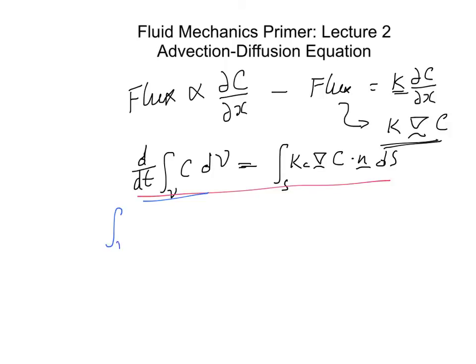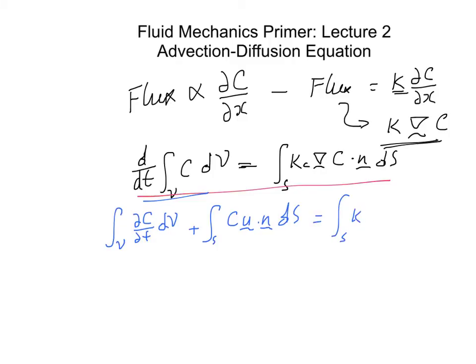That means that I can bring this time derivative inside the integral, and I'm left with an area integral around the edges, which is simply C times U dot n dS. Okay, and the right hand side is still unchanged.